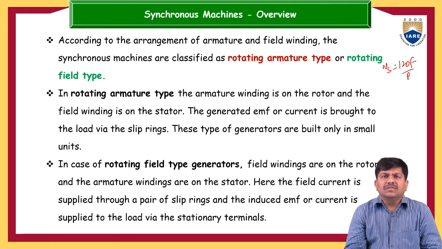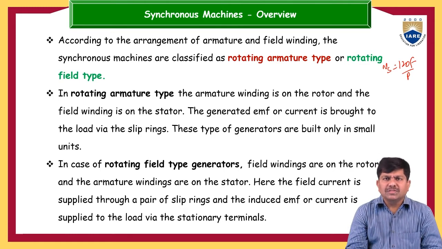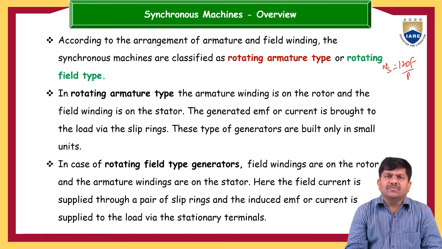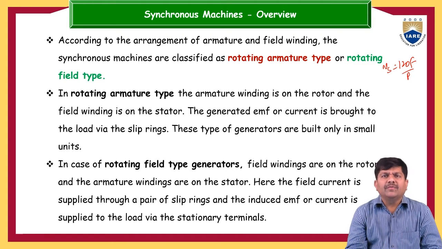So this synchronous machine has to drive that much load. The development of induced EMF in the armature depends on the armature conductors and how much magnetic field there is between the stator terminals. These are the major parameters that highly influence the induced EMF generated inside the armature conductors.